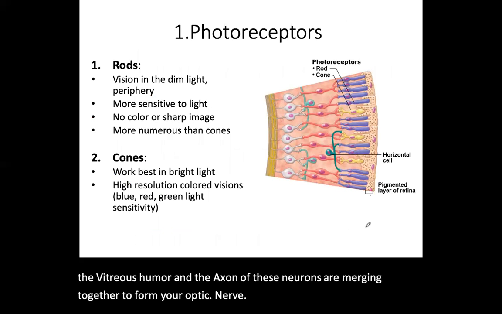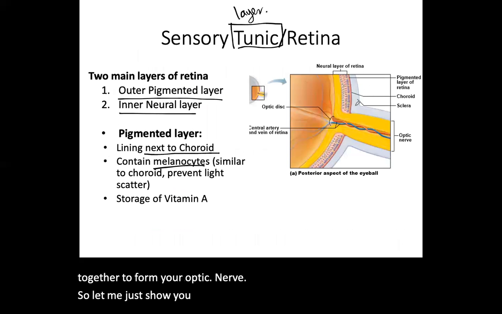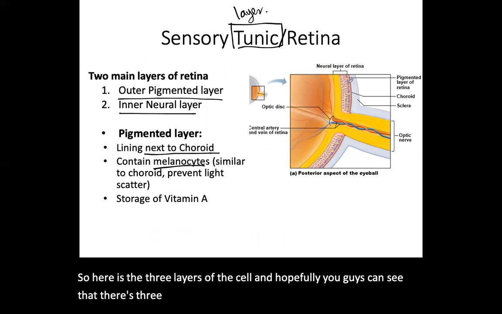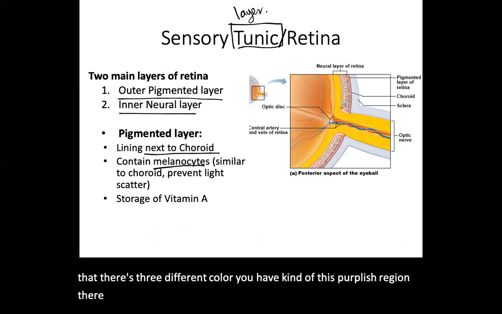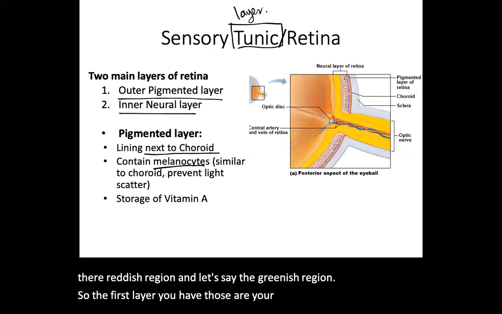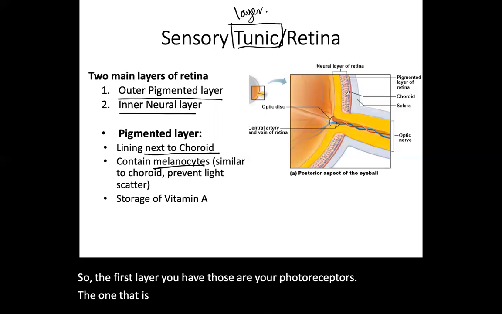So let me just show you the picture. Here are the three layers of cells, and hopefully you can see that there are three different colors: a purplish region, a reddish region, and a greenish region. The first layer is your photoreceptors. The one that is reddish in color is your second layer, your bipolar cells.